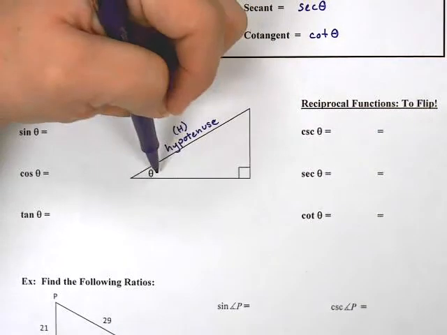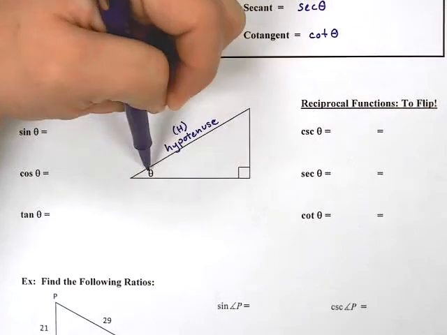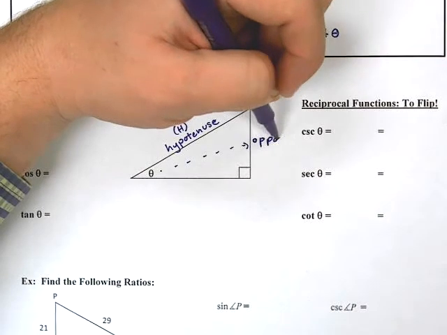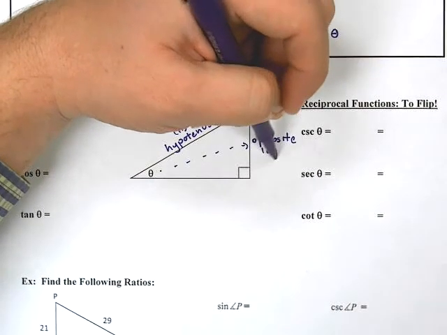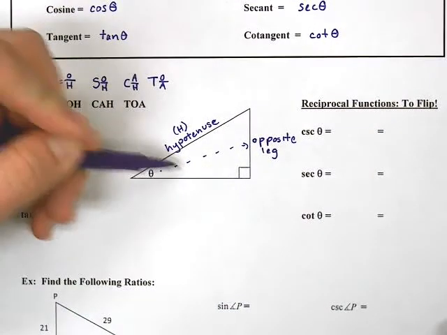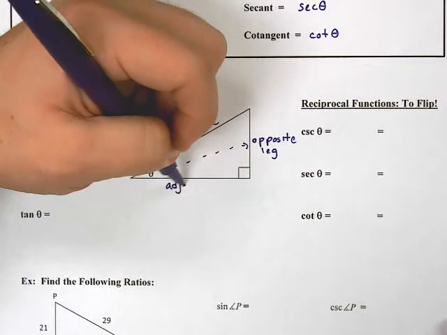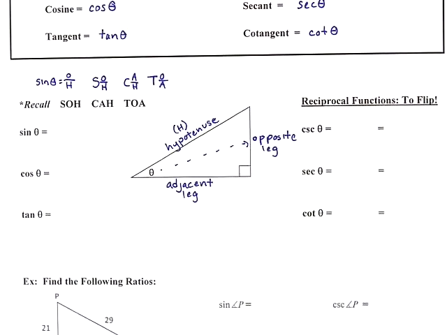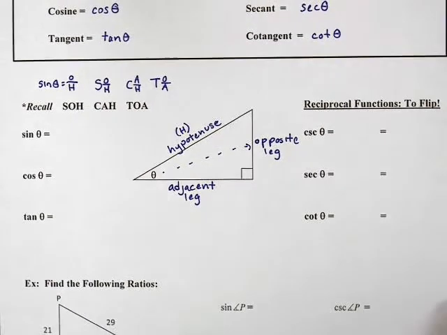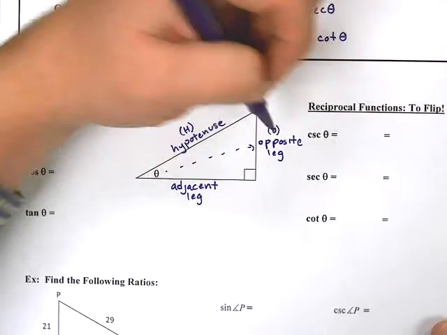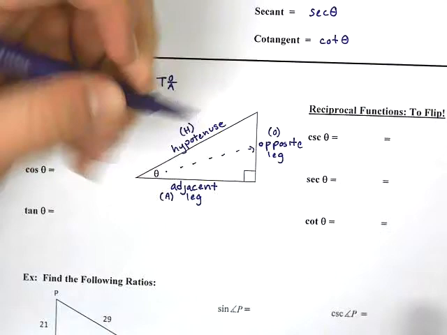Well, let's think about this. Opposite, not this one. It's not opposite this angle. This one is opposite. So opposite leg, which then means, and hopefully you understand from English class, adjacent means next to. So here is the adjacent leg. Alright. So the ratios that you need to understand and remember here, and actually let me finish this. This is O, and this is A.